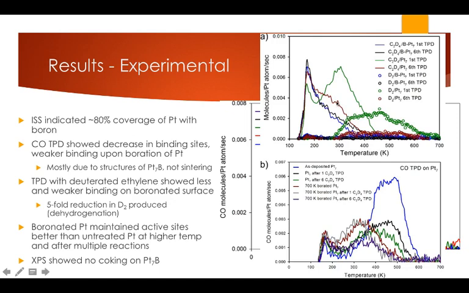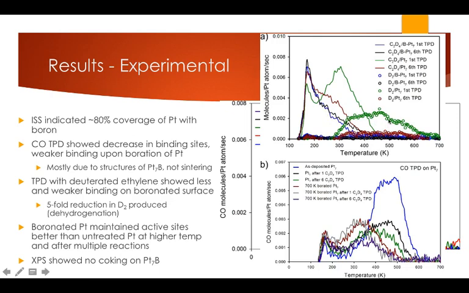This sort of reddish brown one is untreated after several runs. Over here is treated with boron, and then you can see basically right on top of each other, you have these two lines. So there was essentially no change in the ethylene desorption after multiple runs with the borated compound.